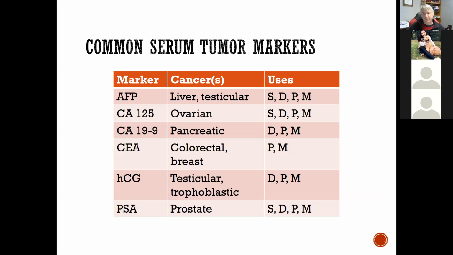So specificity is really important too, because we don't want to, again, miss something, say something's there. Say the CA-125 is not very specific for ovarian cancer, but the doctors decide to run it on all females, screening them for ovarian cancer.